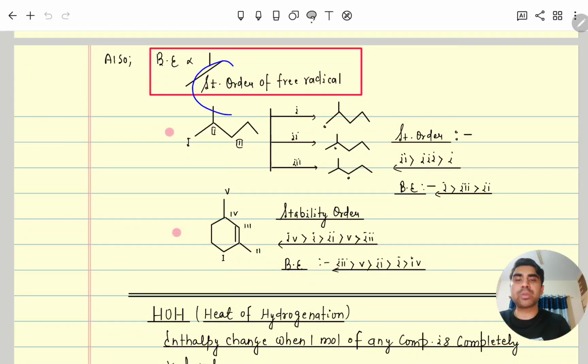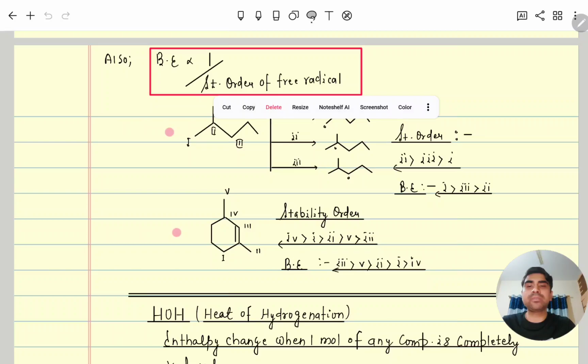The more stable the free radical, the relatively lower the bond energy. So here you can see this is a 1 degree free radical, here a 2 degree free radical, this is a 3 degree free radical, and this is 2 degree. So 3 degree is more stable than 2 degree, and 2 degree is more stable than 1 degree. Since 3 degree is more stable, its bond energy is less.